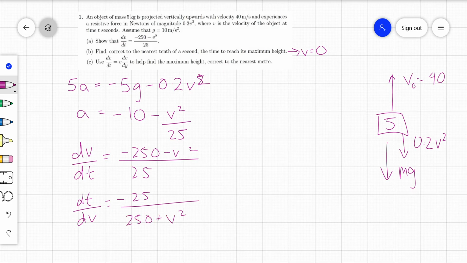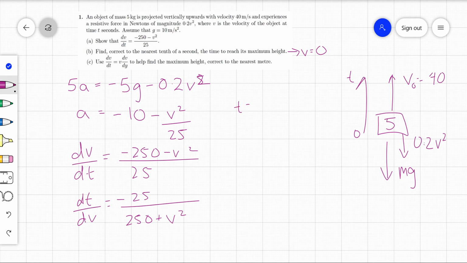All right, so as it starts and goes up, we're going to go from 0 up to some time t. So when I integrate with respect to t on this left side, I'm going to get t.